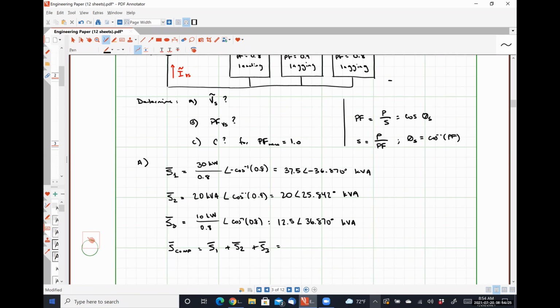Which gives me 58.339 angle negative 6.182 degrees kilovolt amperes.